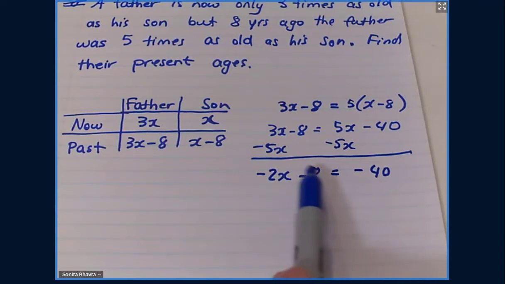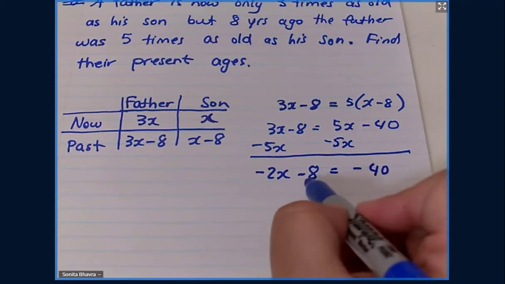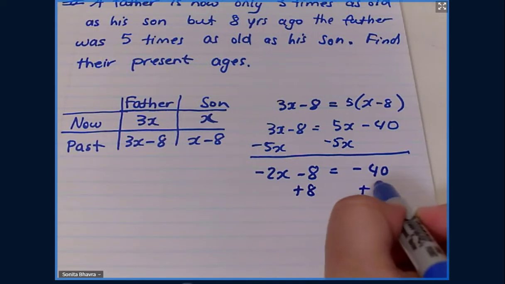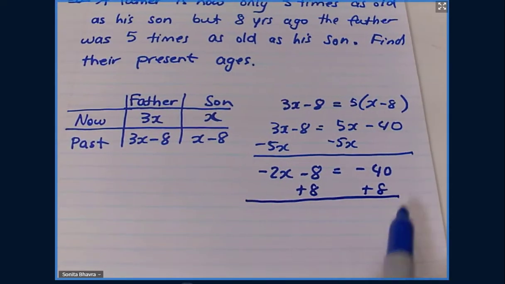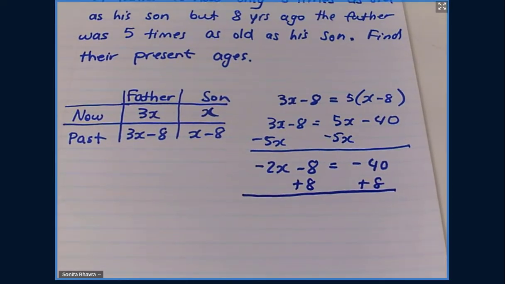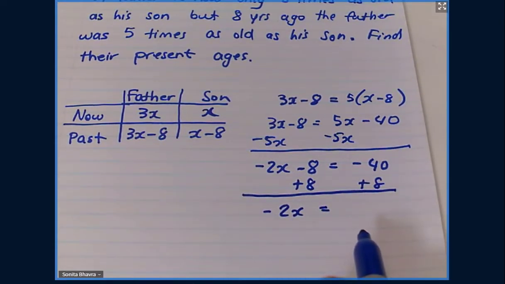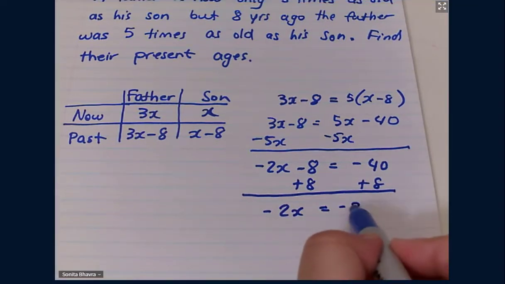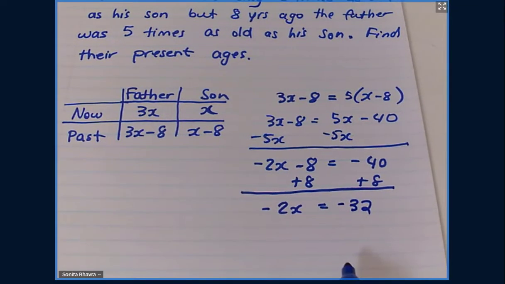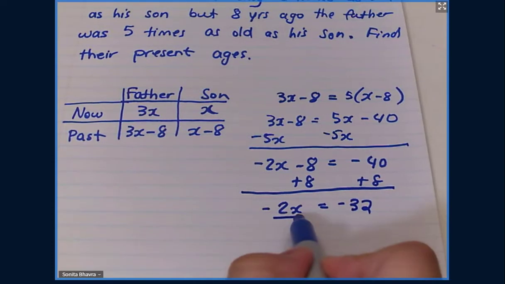Then I'll do the opposite of subtracting 8, which is adding 8 to both sides. And that gives me negative 2x equals negative 32. And then lastly, we just have to divide by negative 2.